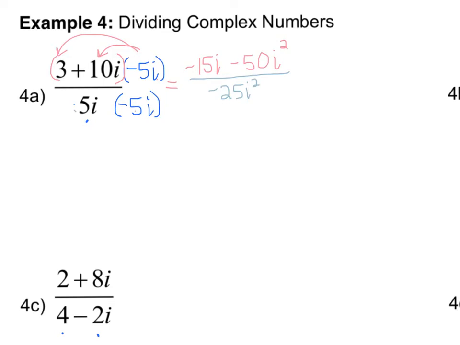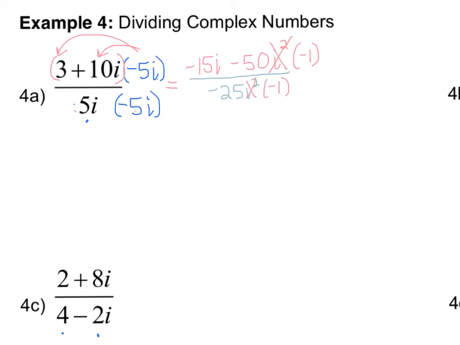So next, what we do is we simplify. Everywhere we see an i squared, we cross it out and replace it with -1. So on top that's going to happen, and on bottom that's going to happen. So let's simplify.